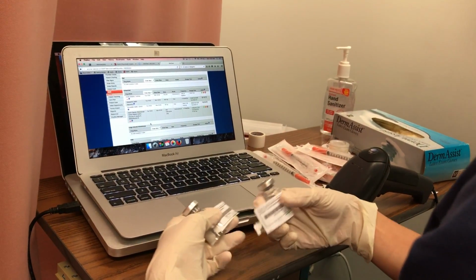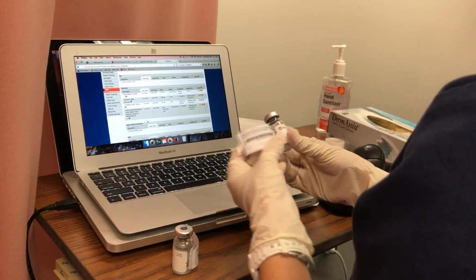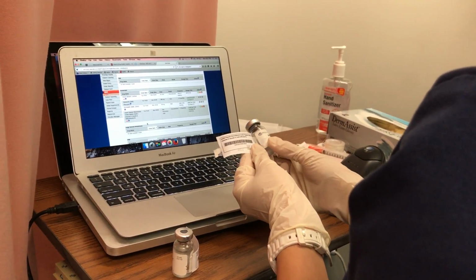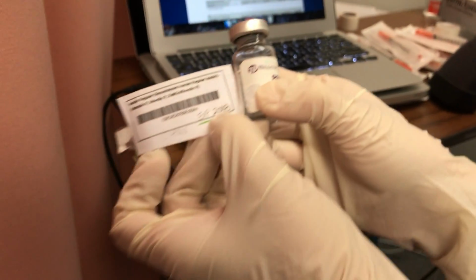Okay, so these are our medications that we pulled from the Pyxis, and we're going to confirm them with the MAR. For the first medication, we're going to check the expiration date. It's 2/18.